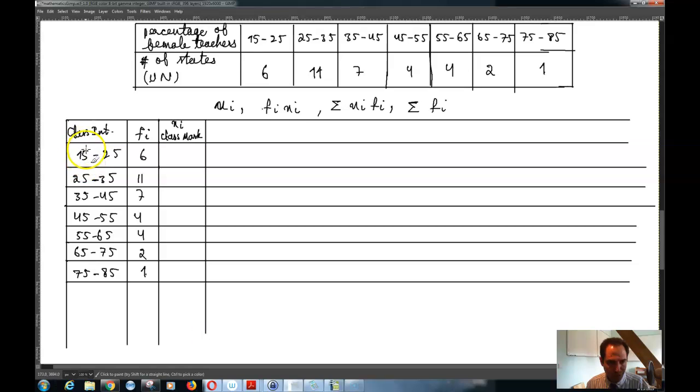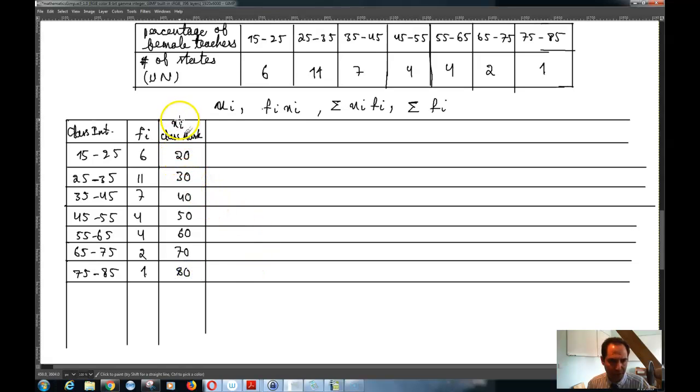So your class mark here would be 25 plus 15, which is 40, 40 divided by 2 is 20. 25 plus 35 is 60, that would be 30. 35 and 45 added together is 80, so that's 40. 45 plus 55 is 100, so that's 50. 55 plus 65 is 120, so that's 60, 70, and 80.